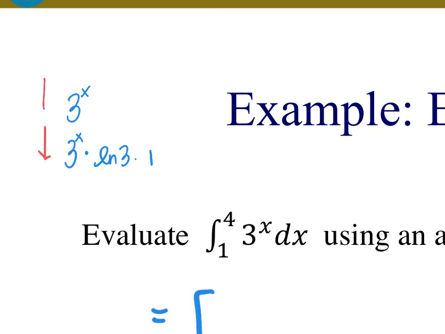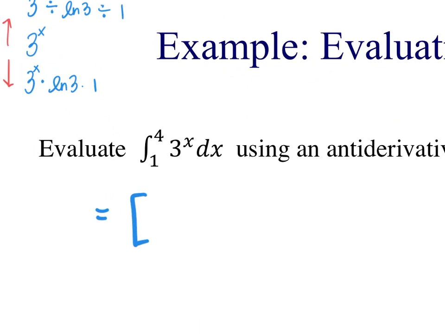So if we want to go up to an antiderivative, we would have 3 to the x divided by the natural log of 3 and divided by 1. So this antiderivative would be 3 to the x divided by the natural log of 3 and divided by 1 plus c going from 1 to 4.